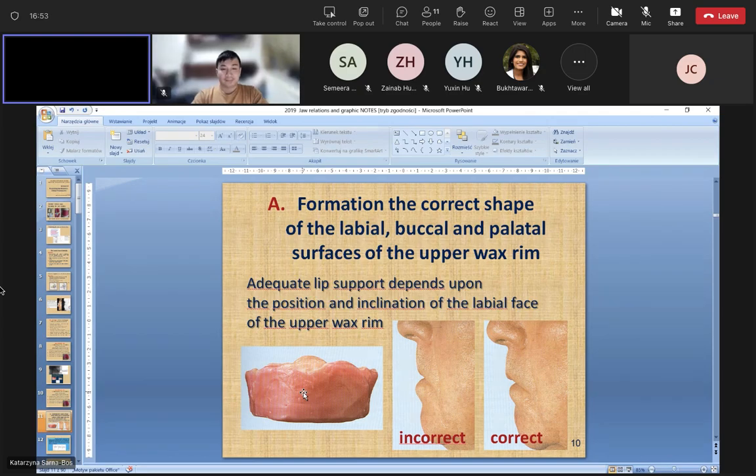All the time we should observe the patient and decide about proper support for the soft tissue in the upper part of the face. Okay, so this is substage A. Remember, first of all, we should form the correct shape of the labial, buccal, and palatal surfaces of the upper wax rim.